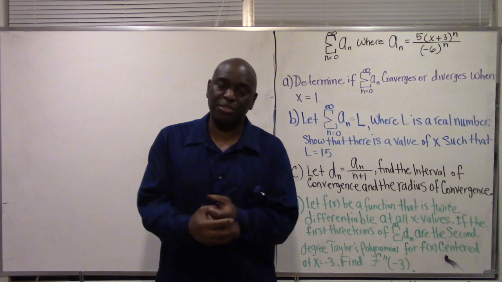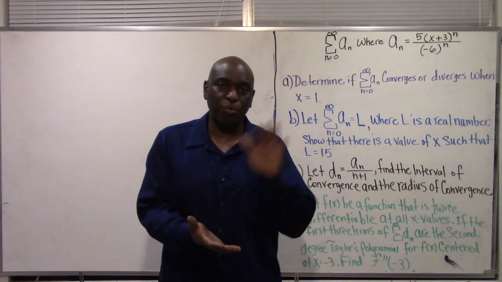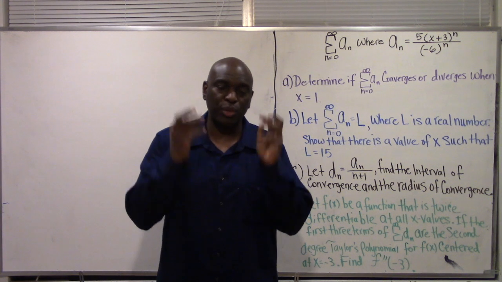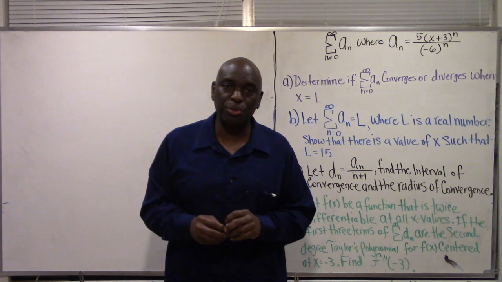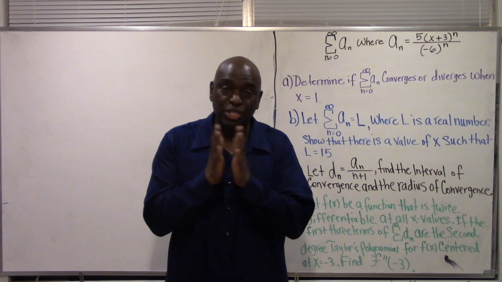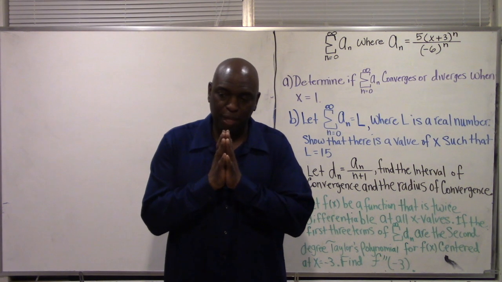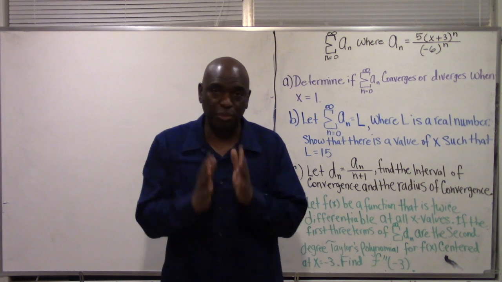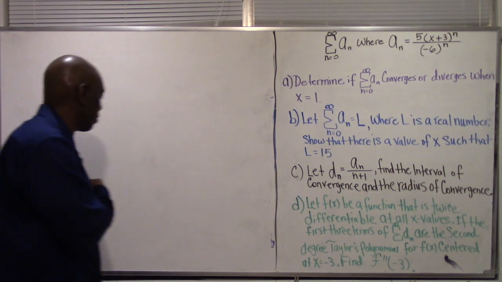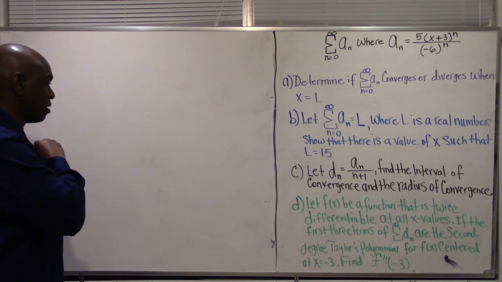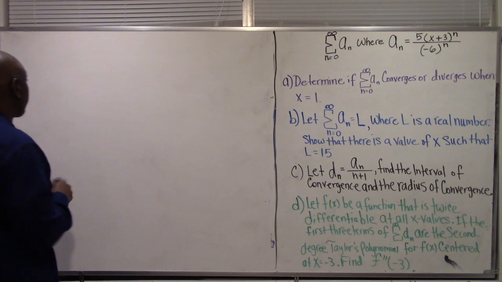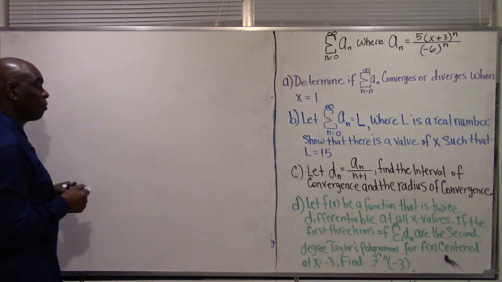And if you're ever asked to find the interval of convergence, radius of convergence, then what should come to mind, the test you want to use, is the ratio test. Okay? The ratio test, because you need the absolute values. So we have to use the ratio test in this case. Alright. So here we go.